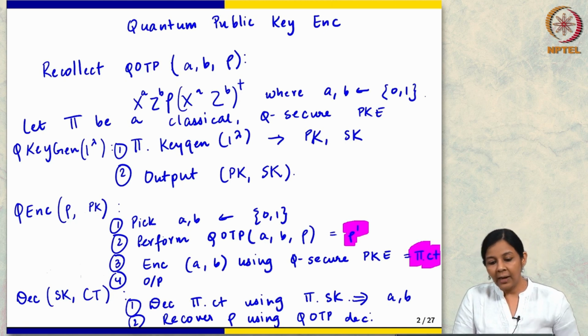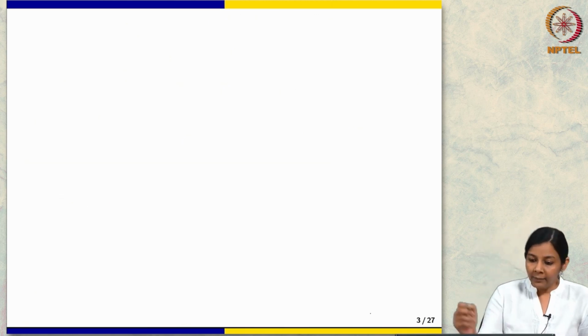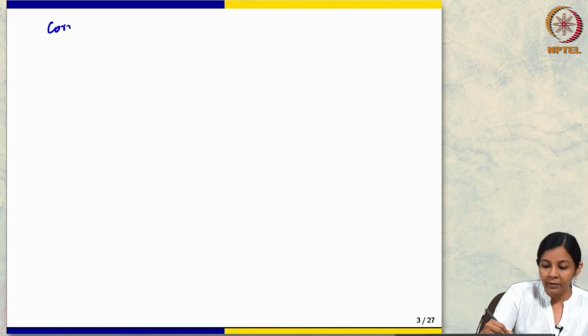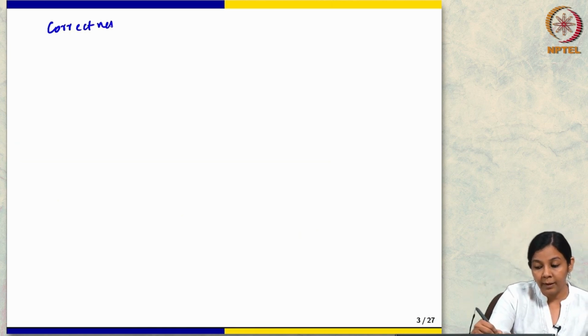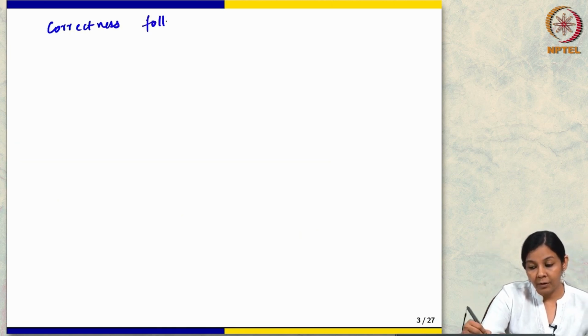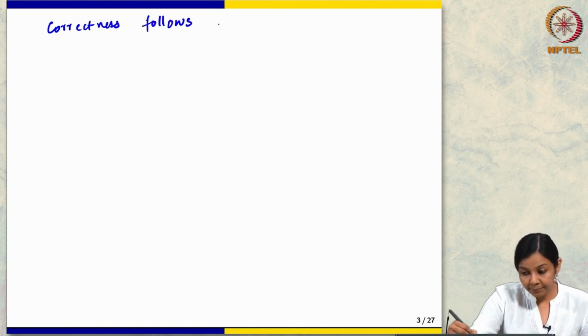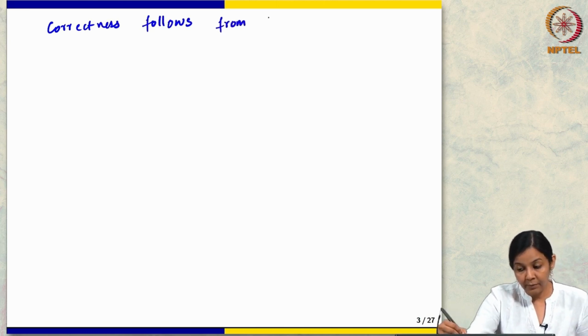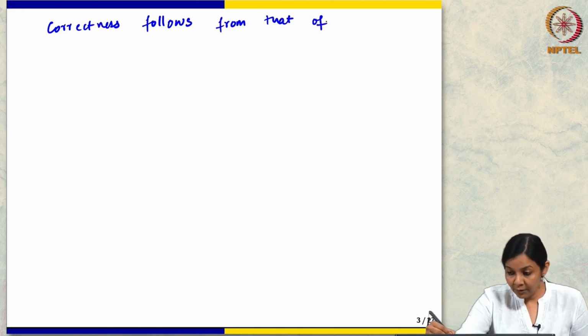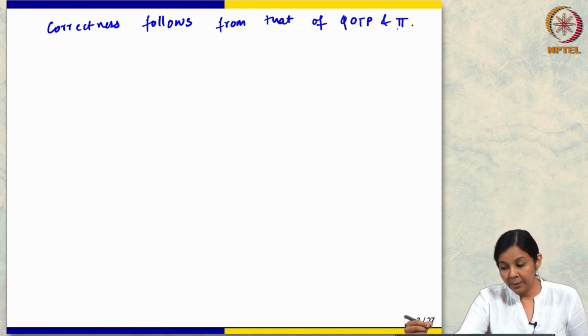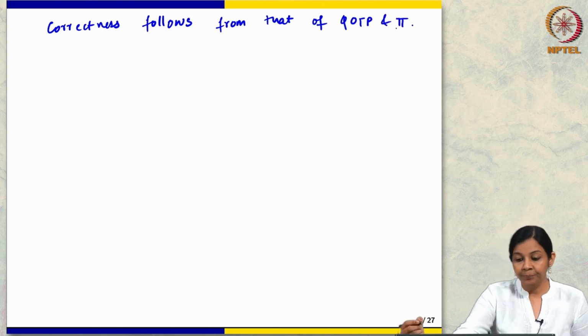Okay. So, it is a very natural scheme. Correctness is obvious, it just follows from correctness of QOTP and pi. Remember that pi is the classical PKE.